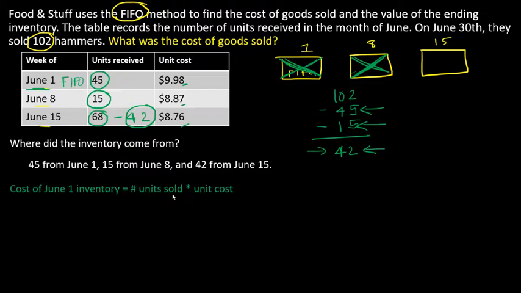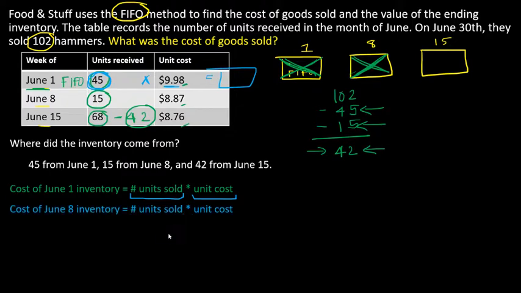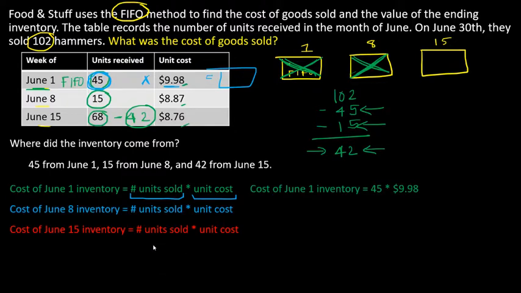So I am going to figure out the cost of the June 1st inventory, which is the number of units sold times unit cost. In other words, I'm going to take 45, I sold all 45 of those hammers, and multiply by 998, and that's going to give me the total cost of that June 1st inventory. I'm going to do the same thing with June 8th and June 15th. So I'm going to find those individual costs for each of those dates, and then I'm just going to add them all together.